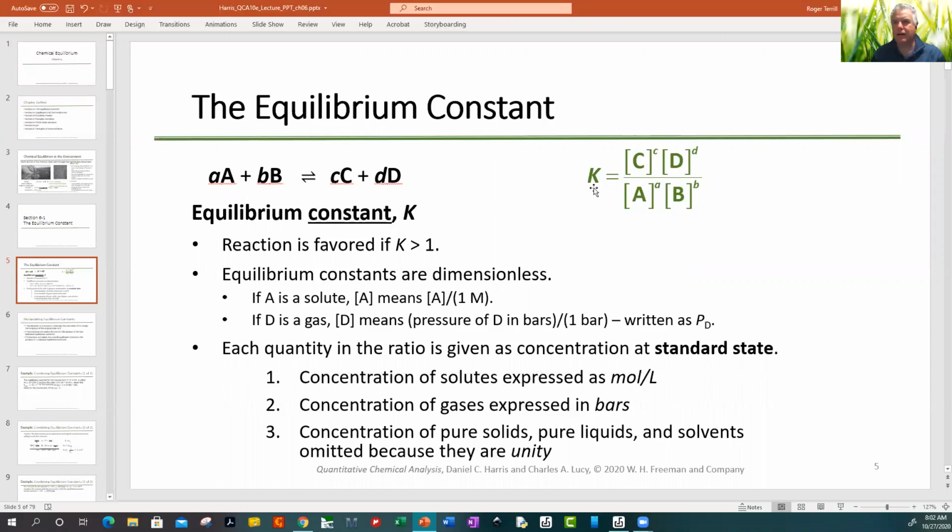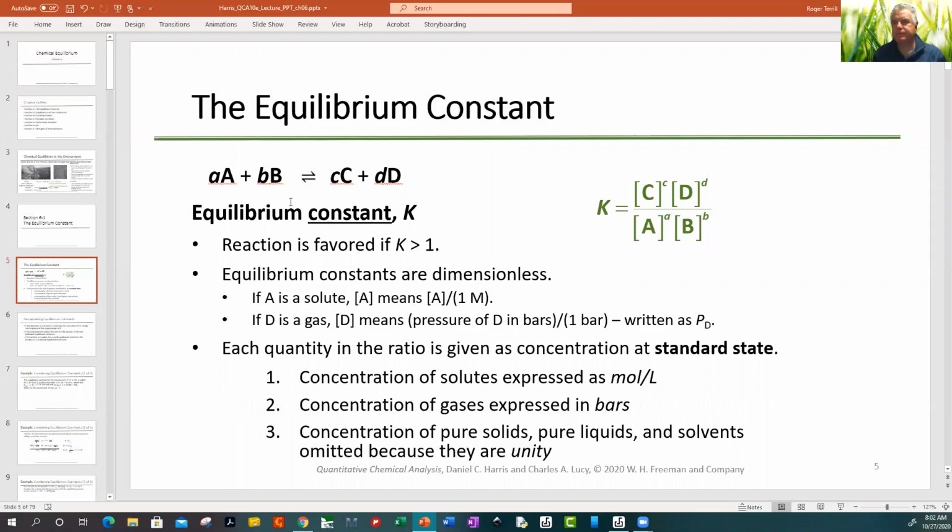Whatever happens to any individual quantity, like removing the product D, more reaction will shift until these concentration products equal K again. It's a short point, but it's important, because the equilibrium constant is constant.